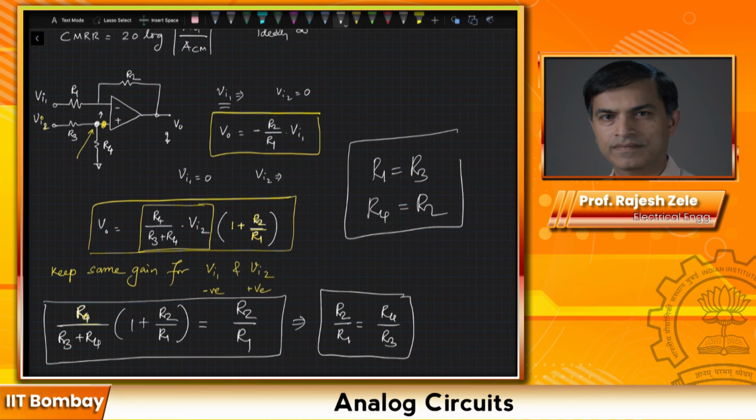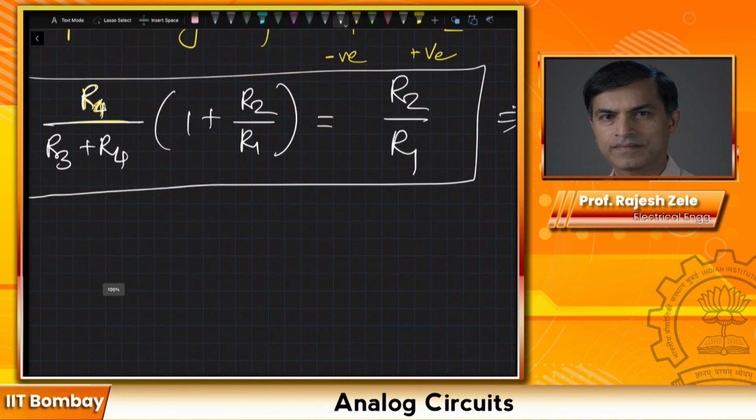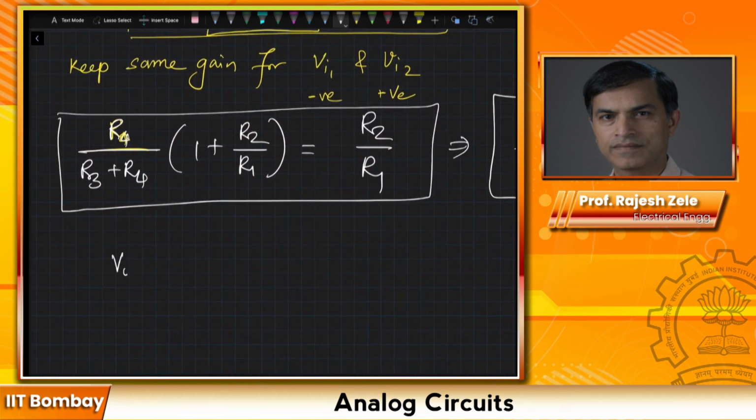If we follow this, then we get the same ratio for both paths, and you can quickly prove yourself that the output voltage Vout is equal to R2 divided by R1 times (Vi2 minus Vi1), which is R2 divided by R1 times Vid, the difference potential.